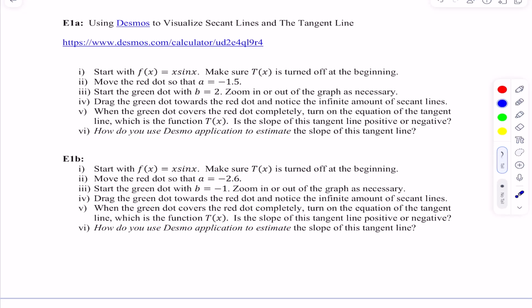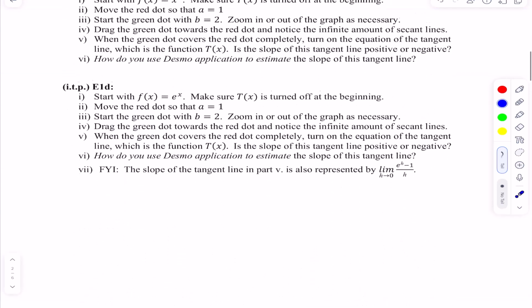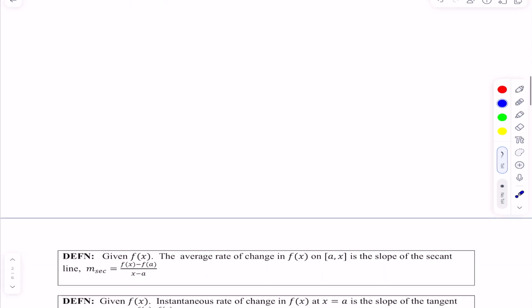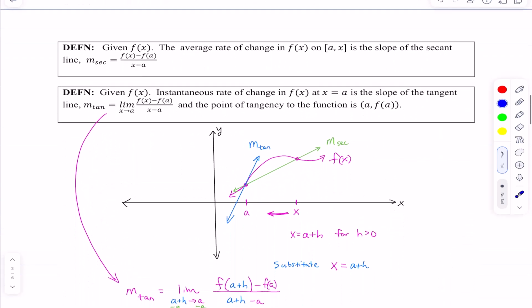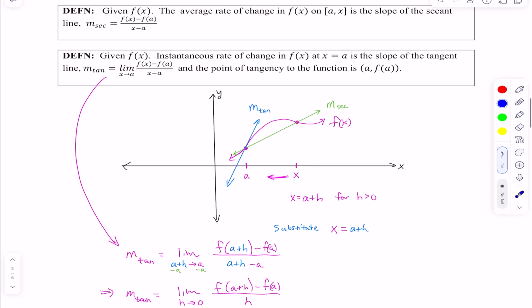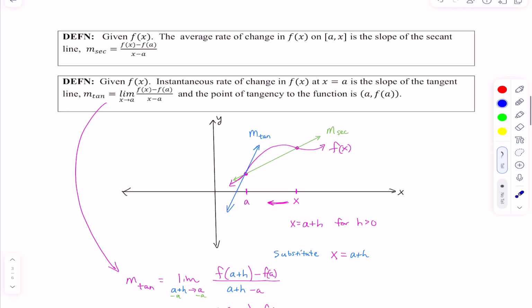Take some time, pause the video, exercise this Desmos idea, and play around with it so that you get a very good sense of what a secant line is versus a tangent line. When you're ready, unpause the video and we'll start discussing the definition, okay?